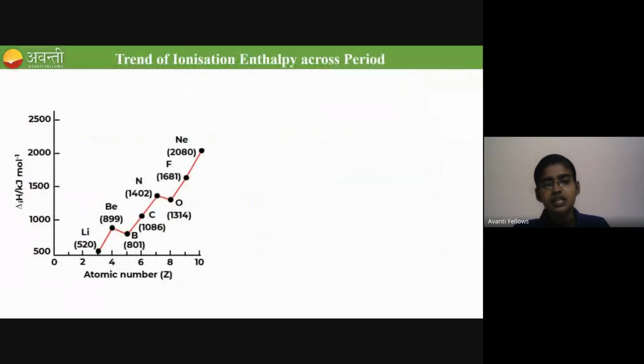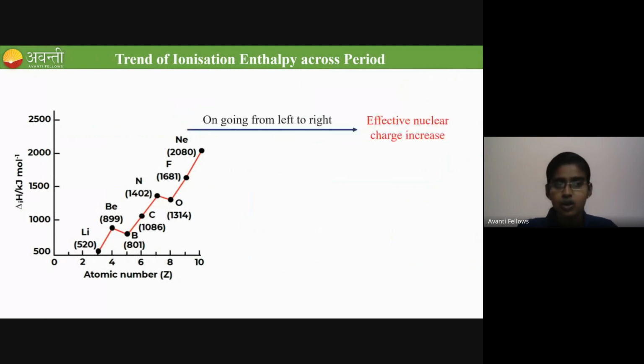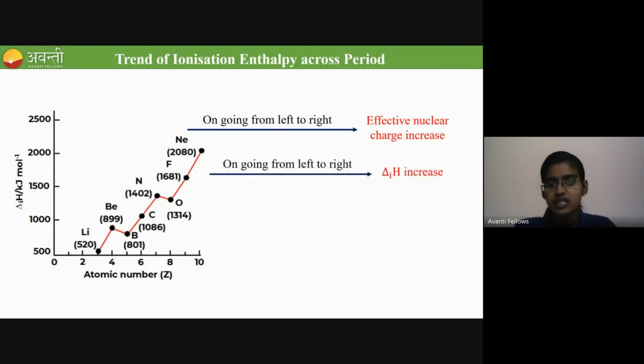So these are the second period elements from lithium till neon. On going from left to right, effective nuclear charge increases because atomic number increases, due to which the nuclear charge also increases, and because of this, ionization energy also increases.